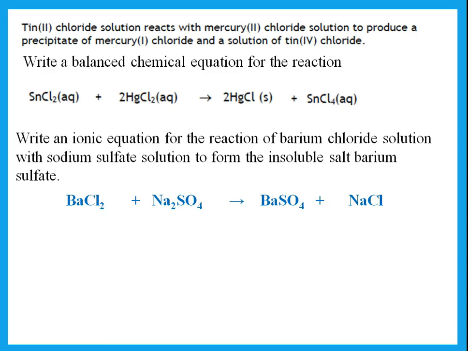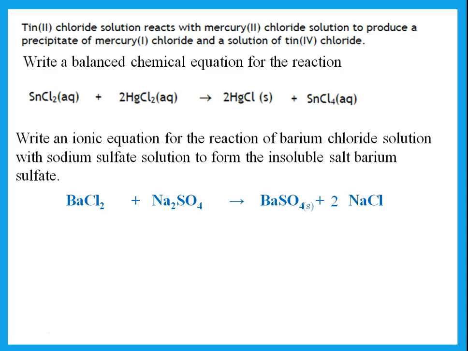To form the insoluble salt barium sulfate, but then that's not the only product because I am still left with sodium and chloride ions, so this would form sodium chloride as a second product. Balancing, I need 2 chlorines before the arrow, so 2 chlorines after the arrow, 2 sodiums before the arrow, so now 2 sodiums after the arrow.